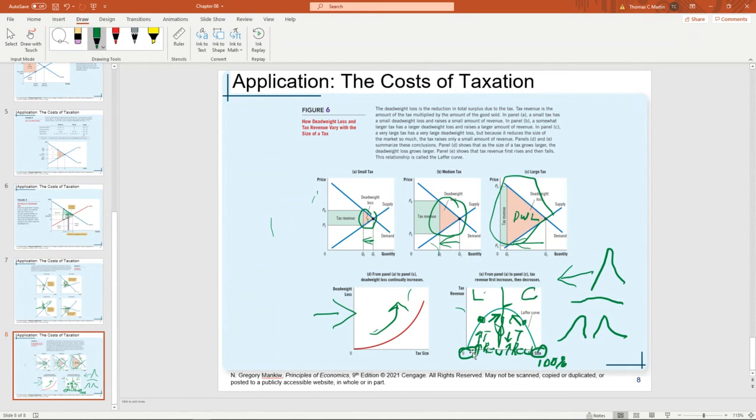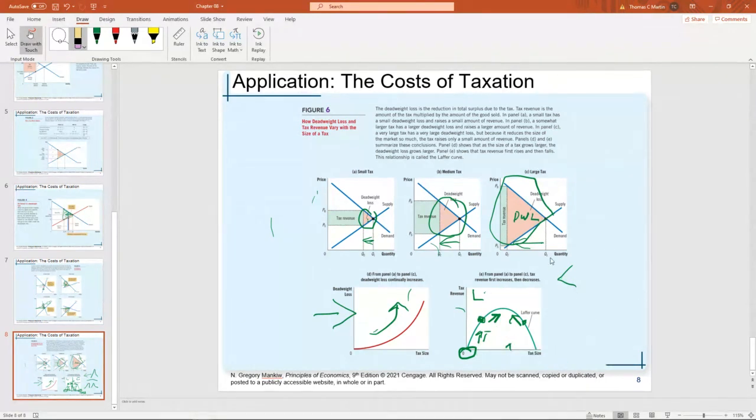So there are 2 points that are absolutely accurate. If you tax at 0% or 100%, your tax revenue is going to be zero. The big argument is, where do we exist on this curve? And that argument's been going on for many years, ever since Laffer came up with the curve.